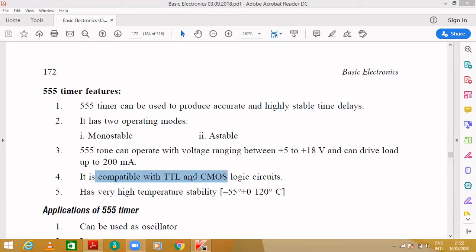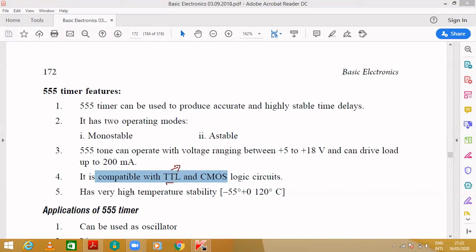You already studied CMOS in detail in the fourth module, isn't it? Why do we need this TTL? In order to make it compatible with the motherboard. Whenever you connect any circuit, it has to be compatible. So the 555 timer is always compatible with TTL, transistor to transistor logic.